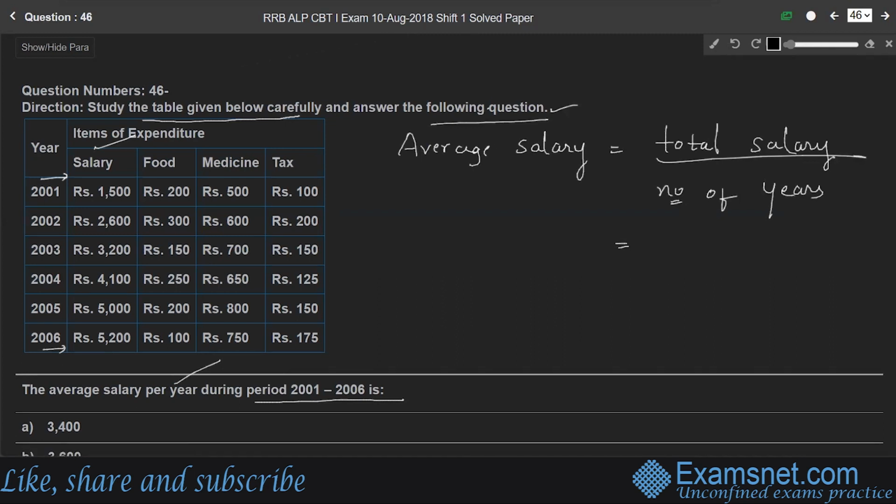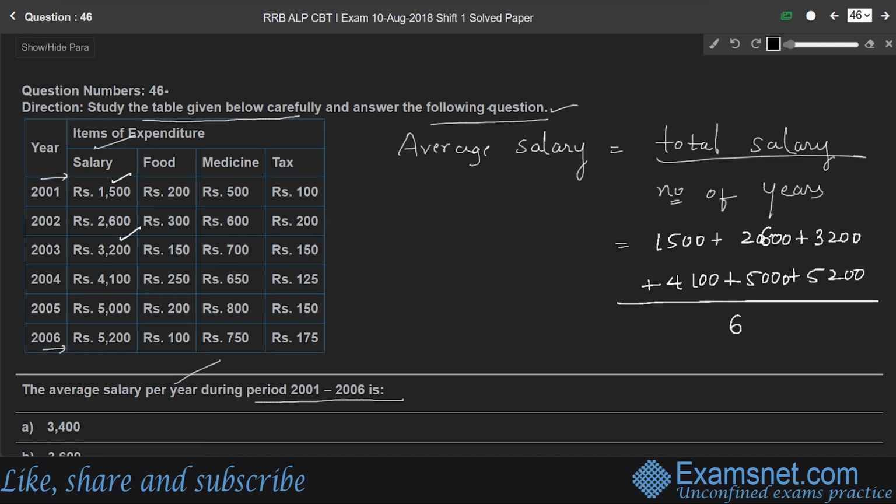So the total salary is 1,500 in 2001, next 2,600 in 2002, 3,200 in 2003, next comes 4,100, 5,000 plus 5,200, divided by the number of years, 6.